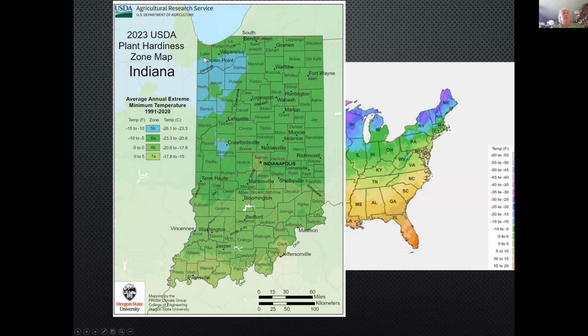So you can see that right down around Crown Point is on the edge of zone 6A and 5B. And then south of Crown Point is still 5B. So there's still like a cold pocket in our state, and that is up here in the northwest part, but closer to the lake, we're all zone 6B. So this is going to affect you.